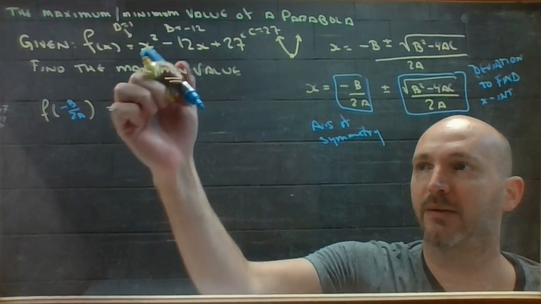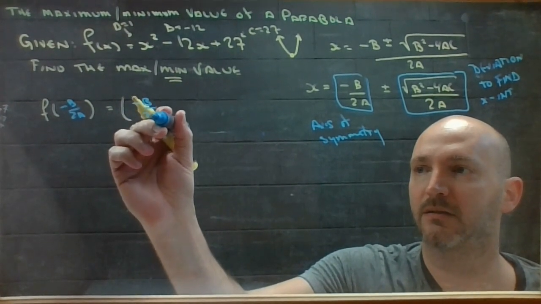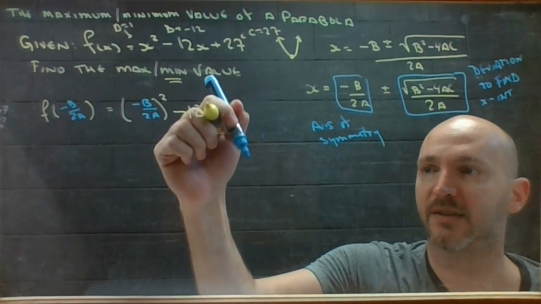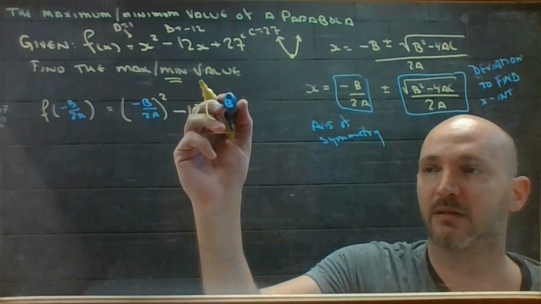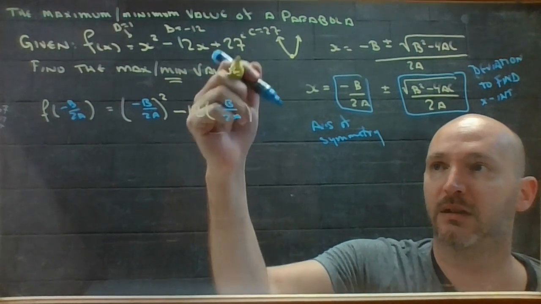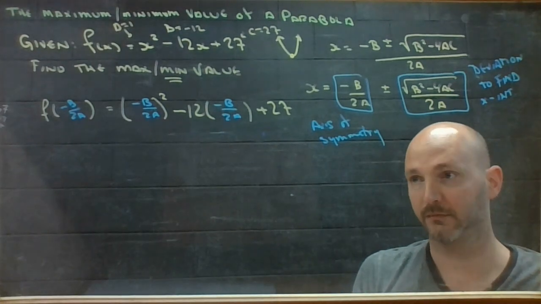So I would need to put a negative b over 2a here and square it, minus 12 times negative b over 2a plus 27. Okay.